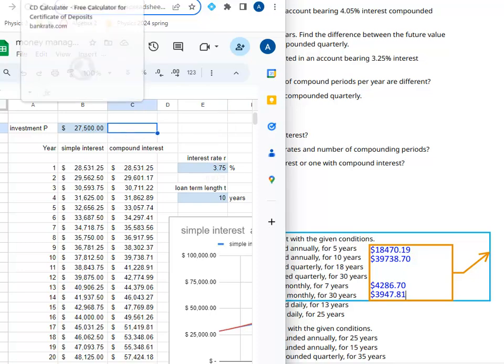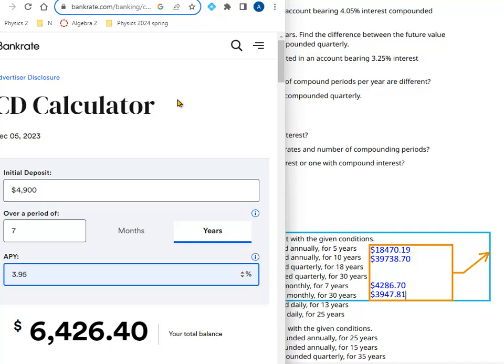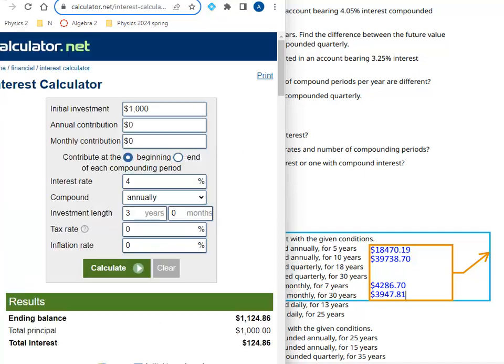So I'm just going to go to an online calculator. There it is. Is that the one? No, this is the one. Here it is. And for the last 2 here, what I would have is the initial investment, 3,500. Interest rate on the second to last problem was 2.9%.